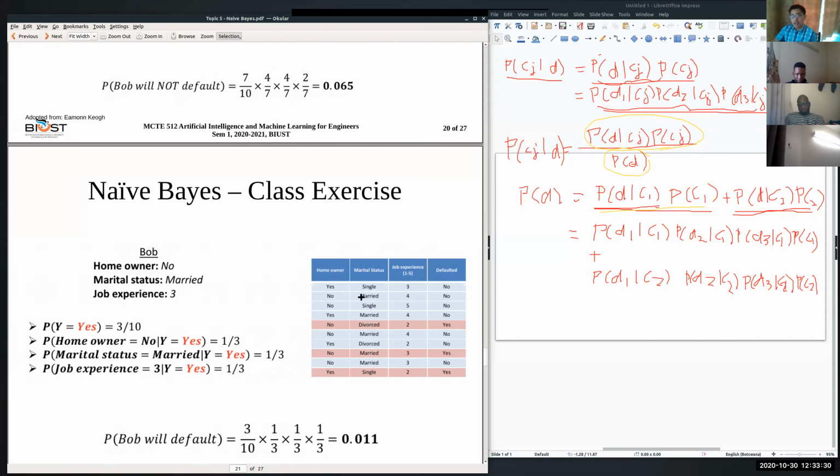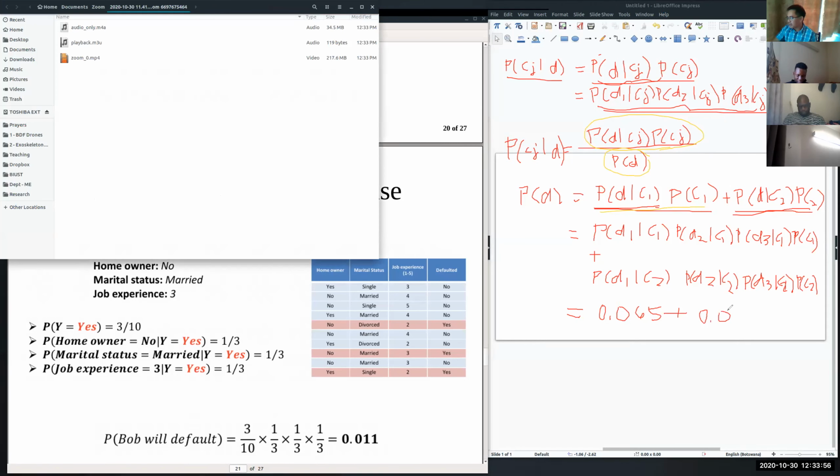And so what are we saying? If they're not equal to 1, that means that this Bayes rule, okay, let's just write it down. This part is 0.065 plus 0.011.